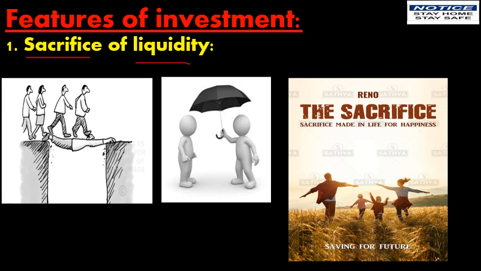You will get meals of lower price, or avoid snacks in the morning, at breakfast time, or in the evening. You will avoid snacks or tea, coffee, or other non-alcoholic beverages. You try to avoid unnecessary expenses. That is called a sacrifice of liquidity.